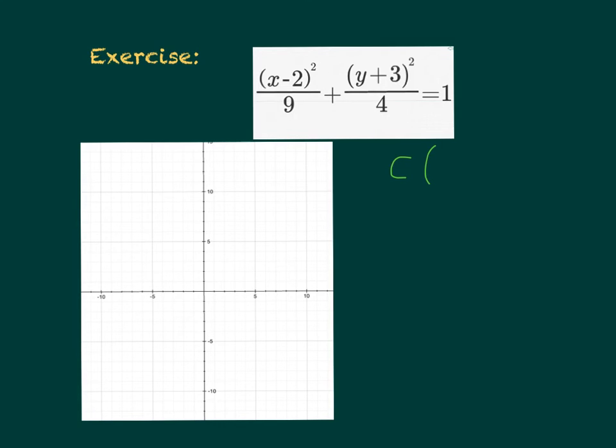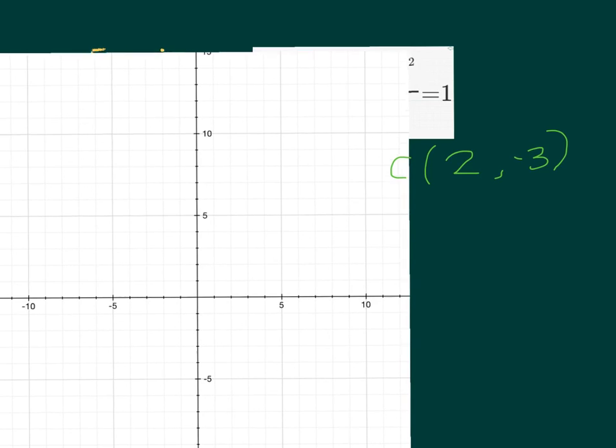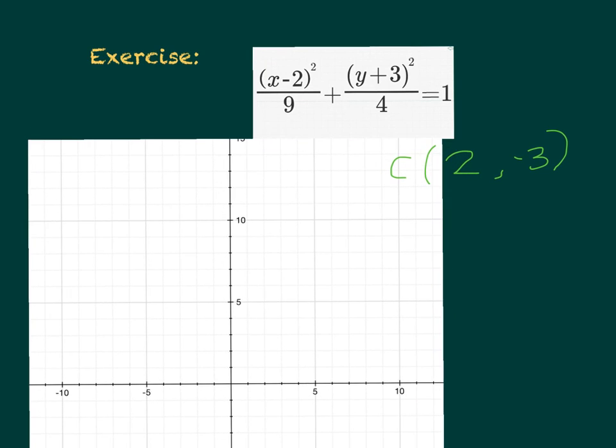And the center is basically the same as a circle. It is h, comma k. So in this case, h is 2 and k is negative 3. So the center of this ellipse will be at 2, comma negative 3. And to express that, let me try increasing the size of this sketch, of this graph.